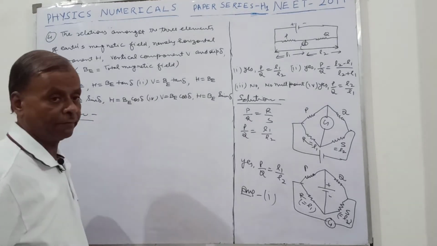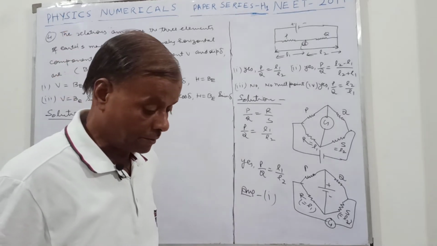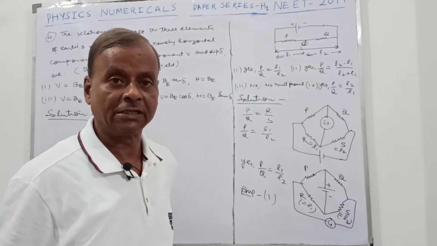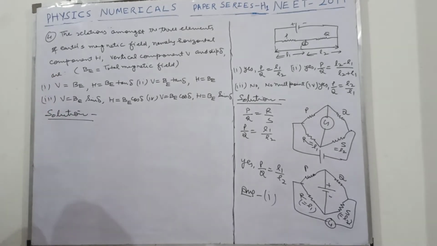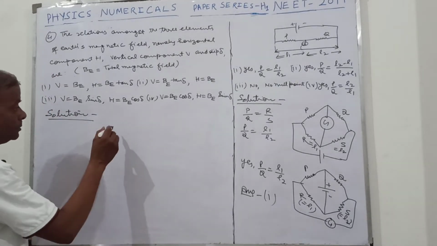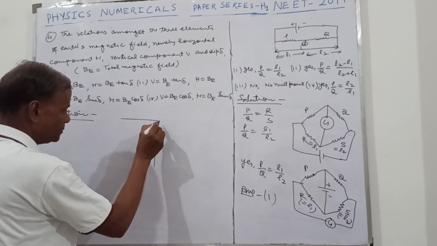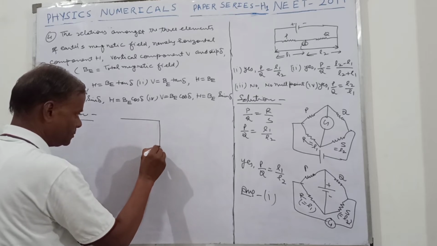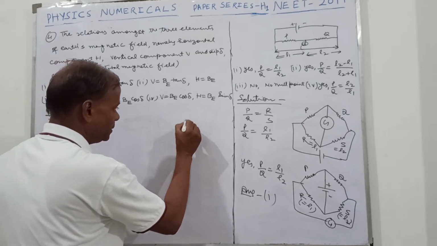Now we know about the Earth's magnetic field and its components, the vertical component, horizontal component, and the angle of dip. These are called the elements of the Earth's magnetic field. Let me draw it here.